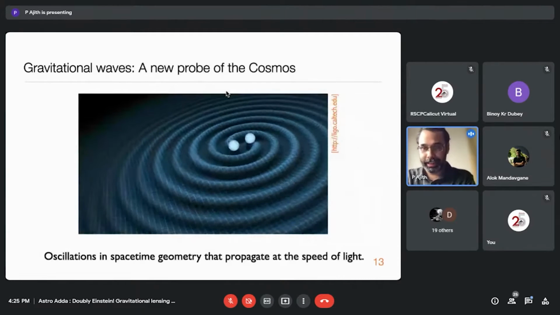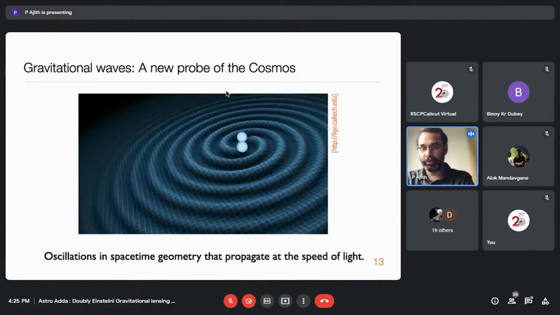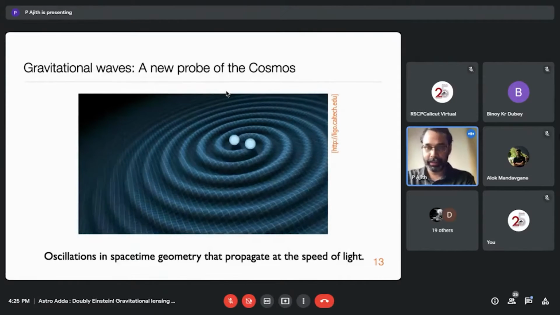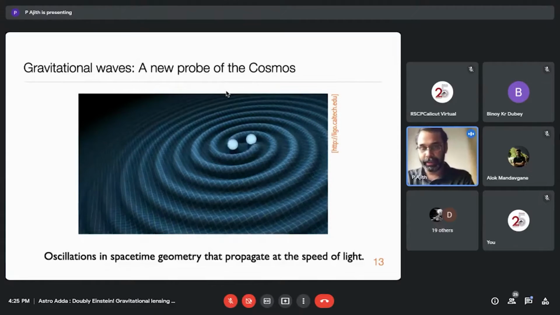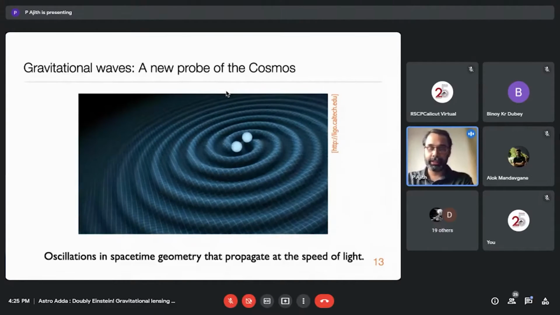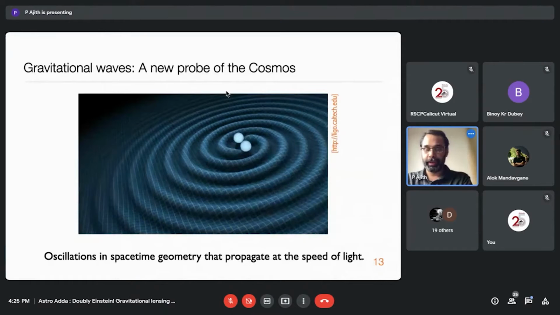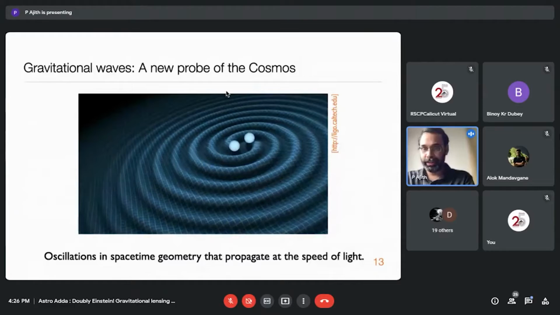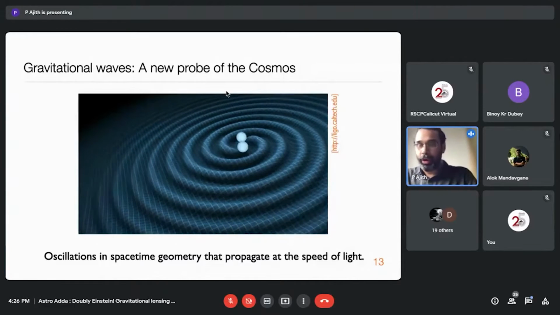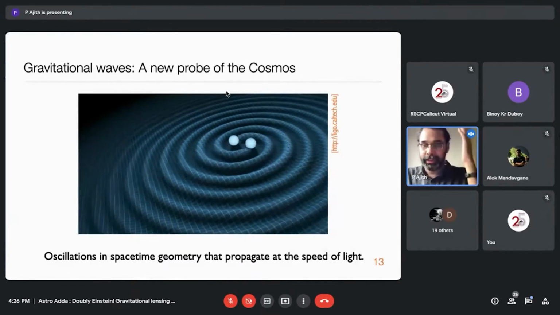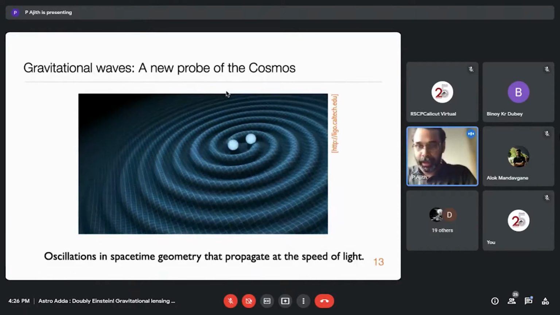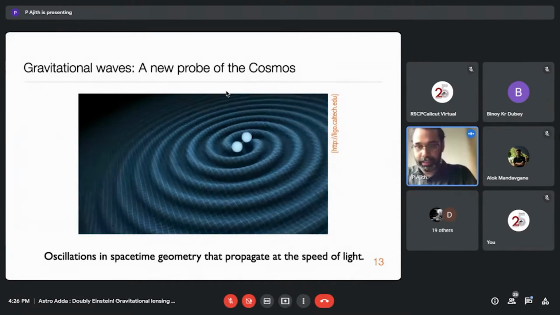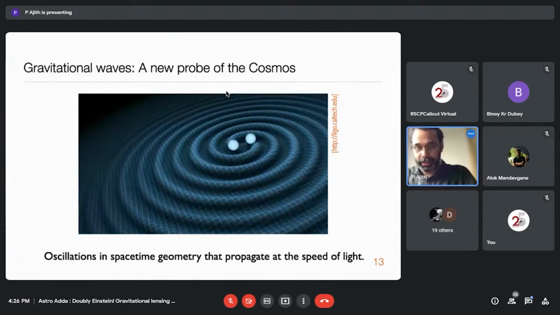So gravitational bending of light is only one of the many interesting predictions of Einstein's theory. Einstein's theory has made a number of very interesting predictions, for example, gravitational time dilation or gravitational redshift, the existence of black holes, the expansion of the universe, etc. And all of these predictions have been verified with really remarkable accuracy by a number of astronomical observations as well as precision laboratory tests in the last few decades, in fact, the last century.